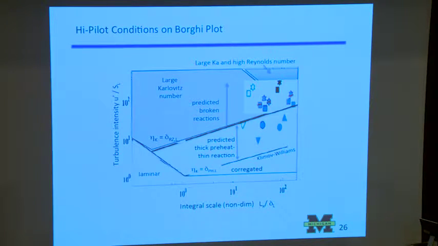But then that allows us to get some data points up in this broken reaction zone, above where Peter says we should have continuous flamelets. And I'll just tell you right now that we have 27 cases total, and I would say maybe about 10 of those are above Peter's boundary, and we see no broken reactions.